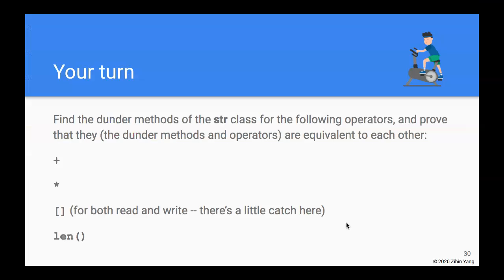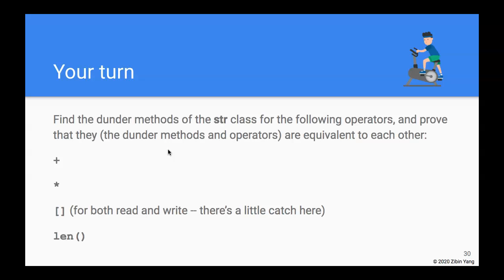Now I'm going to ask you to try this yourself. For the built-in string class, and these special operators or syntax, such as when you add two strings together, find the dunder methods that these operators actually call, and also prove to yourself that both the special syntax and the methods are equivalent.